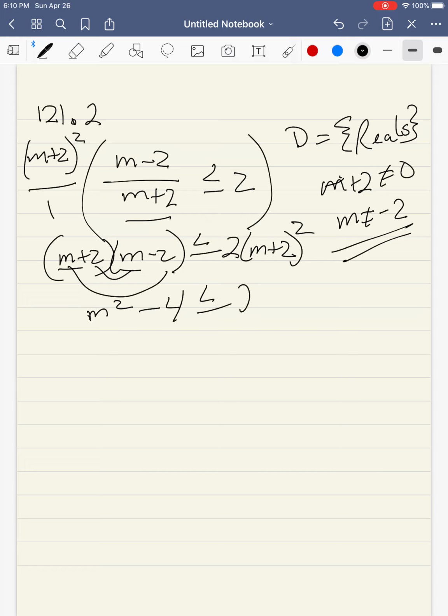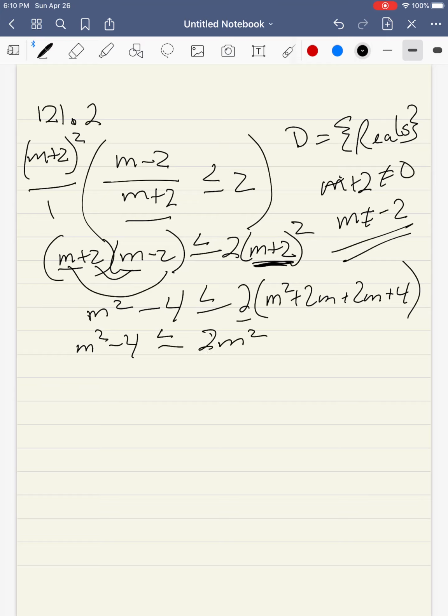Less than or equal to. We've got to use FOIL to multiply this out, guys. So it's m squared + 2m + 2m + 4. And then that has to be multiplied by 2. So m squared - 4 is less than or equal to 2m squared. 2m + 2m is 4m, times the 2 will be + 8m, and then + 8.